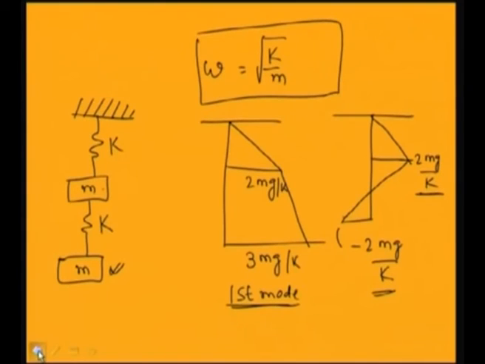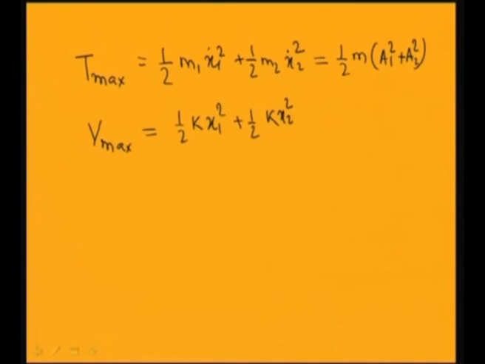Let us see, this spring has a displacement of x1, this is x1, this is x2. So the first spring will have a displacement of x1, but the second spring will have a relative displacement of x2 minus x1. So in case of the second spring the potential energy is half k x2 minus x1 square.